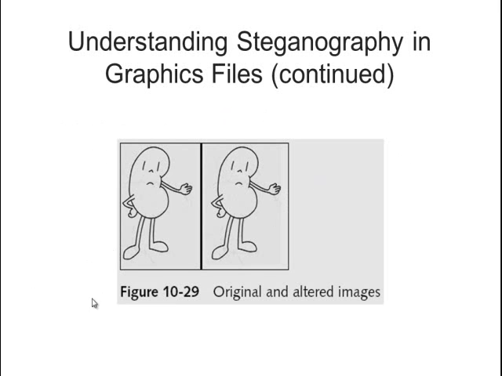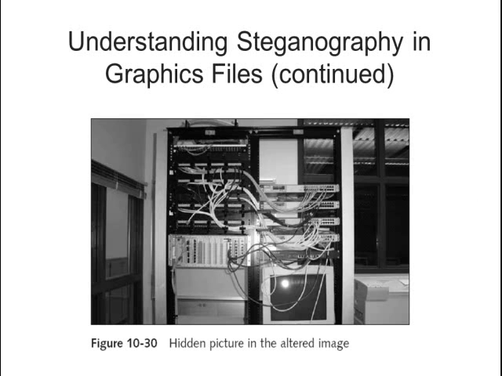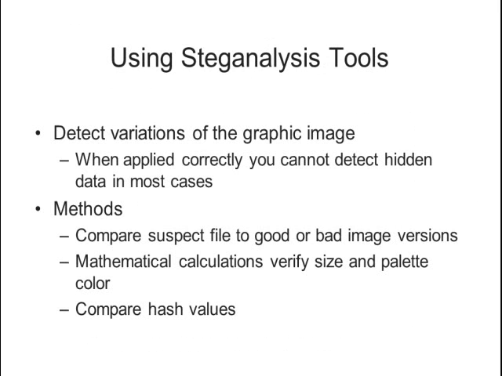You can see the original and altered files are very, very similar, okay, when it's done right. There's a hidden picture in the altered image. Steg analysis tools, also called steg tools, are used to find information hidden in graphics files.